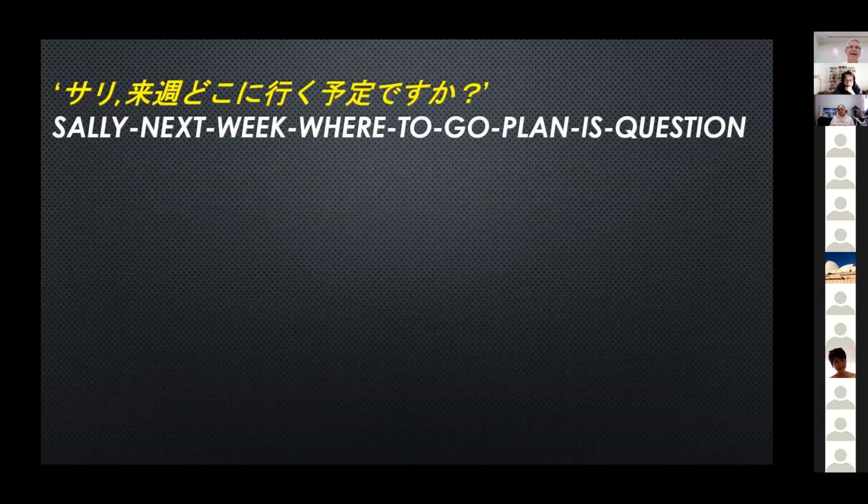Here's an example. So in Japanese, Sari raishu doku ni iku yotei desu ka? And I have the literal translation here. So this is what the Japanese student is thinking. So now they're looking for a grammatical subject. Now, Sally isn't really a grammatical subject here, but it comes first.